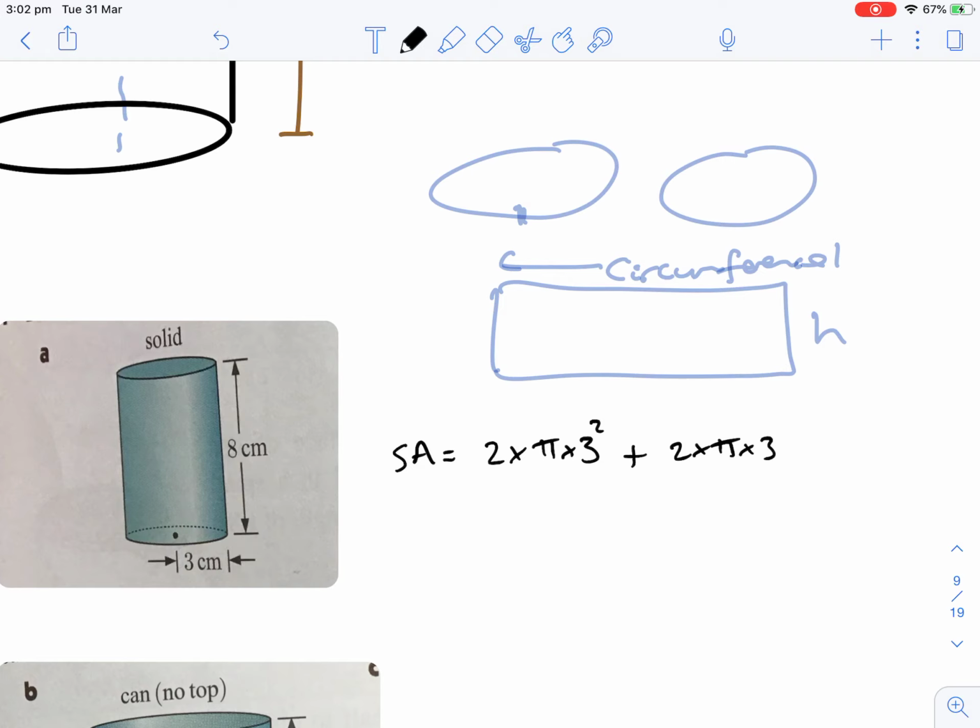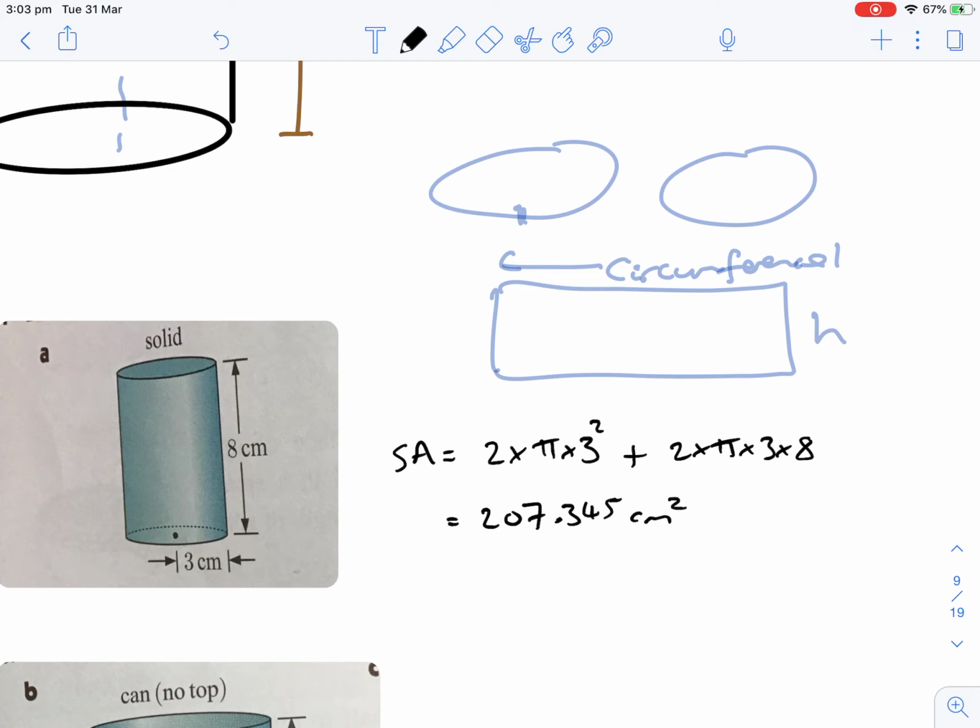That bit there gives me the circumference of the shape, times it by 8, which is the height, and together those two things would be the surface area of this shape, which would give me an answer of 207.345 centimetres squared.